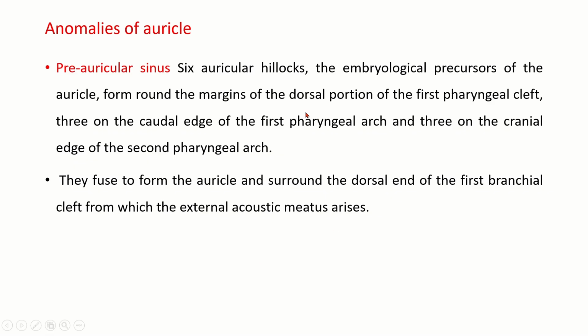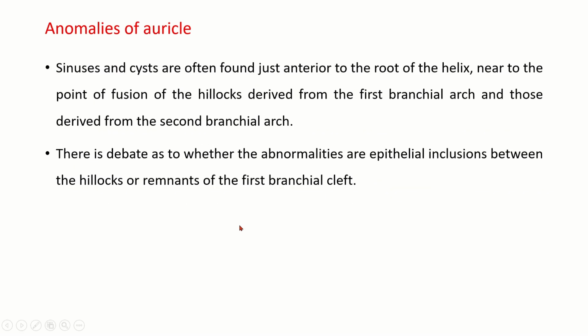When we see the development, there are 6 auricular hillocks, the embryological precursors of the auricle. They form around the margins of the dorsal portion of the first branchial cleft, 3 on the caudal edge of the first pharyngeal arch and 3 on the cranial edge of the second pharyngeal arch. They fuse to form the auricle and surround the dorsal end of the first branchial cleft, from which the external acoustic meatus arises.